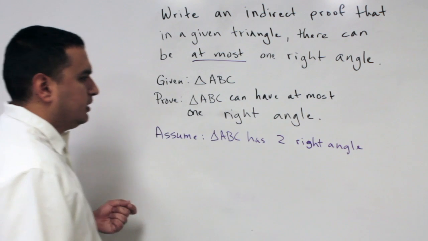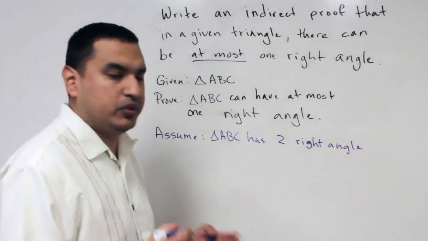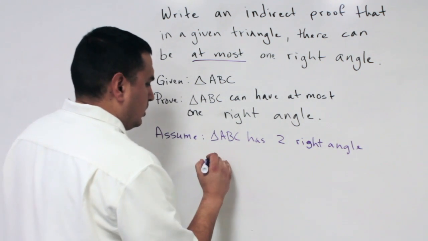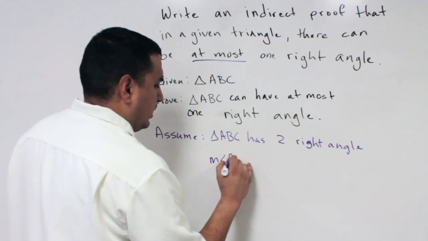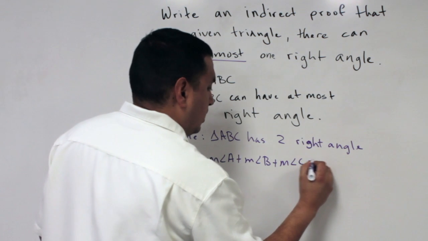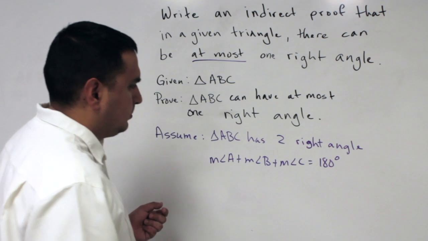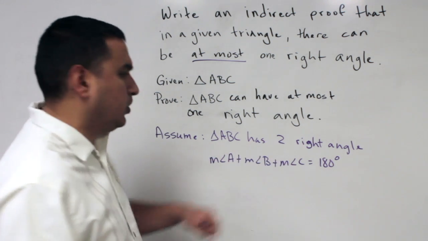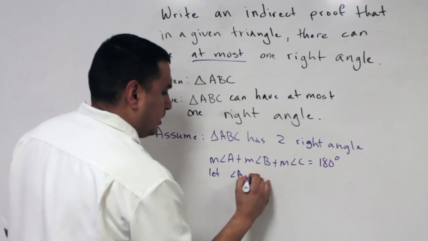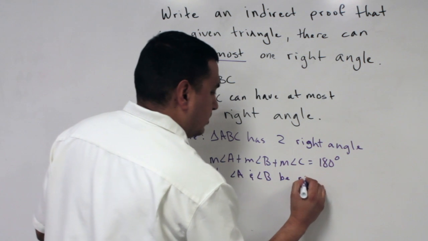And then remember that the angles in a triangle have to add up to 180 degrees. It's called the triangle sum theorem. So I know that the measure of angle A plus the measure of angle B plus the measure of angle C has to add up to 180 degrees. We want two right angles, so we're going to let angle A and angle B be the right angles.